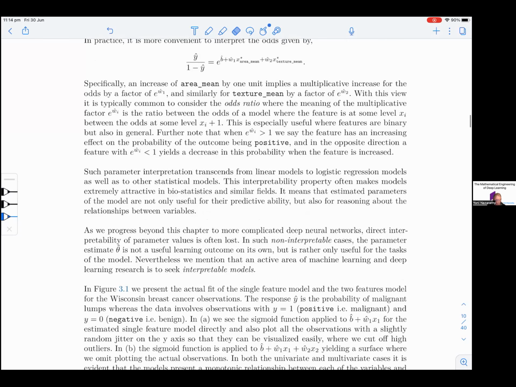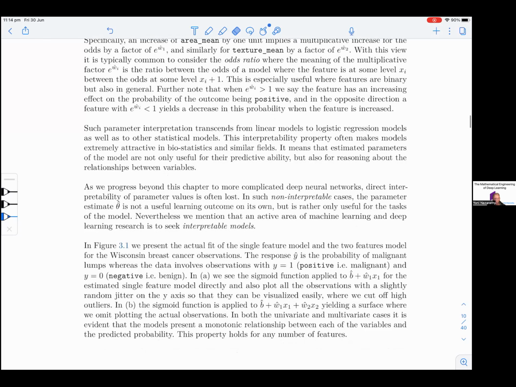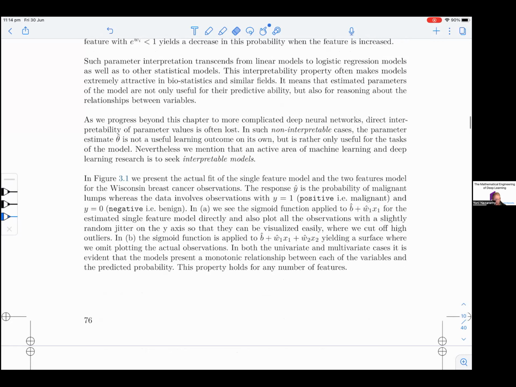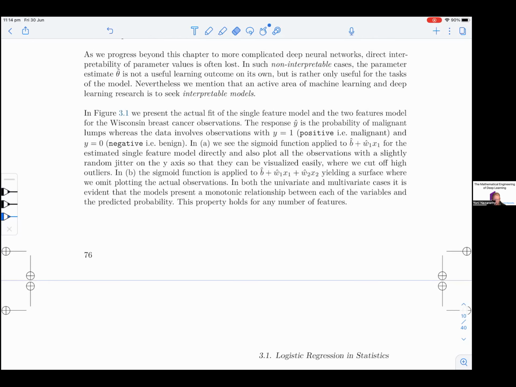As we progress beyond this chapter to more complicated deep neural networks, direct interpretability of parameter values is often lost. In such non-interpretable cases, the parameter estimate theta hat is not a useful learning outcome on its own, but is rather only useful for the tasks of the model.